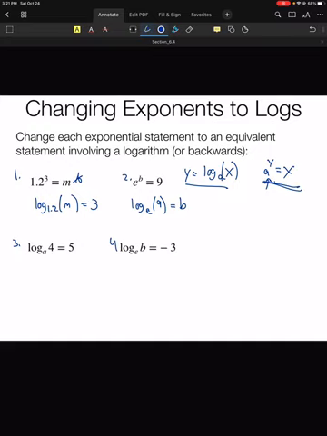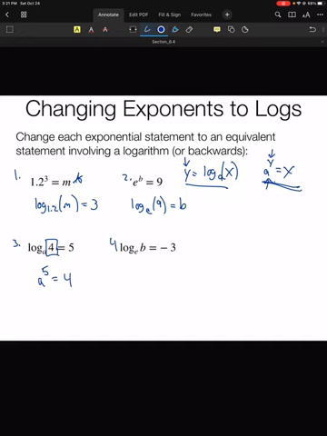The base of the logarithm becomes the base of the exponential, so that's a. Whatever's on the other side of the logarithmic equation, which here is 5, now becomes the exponent. So a to the 5th equals whatever's inside the logarithm, the input, which is 4. Now I have a to the 5th is equal to 4.